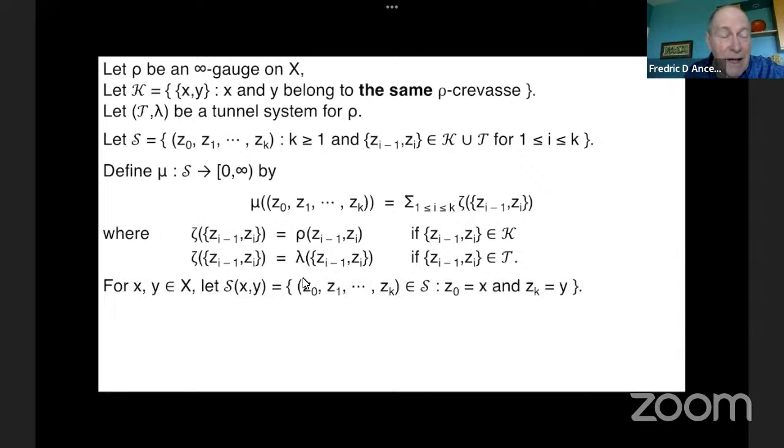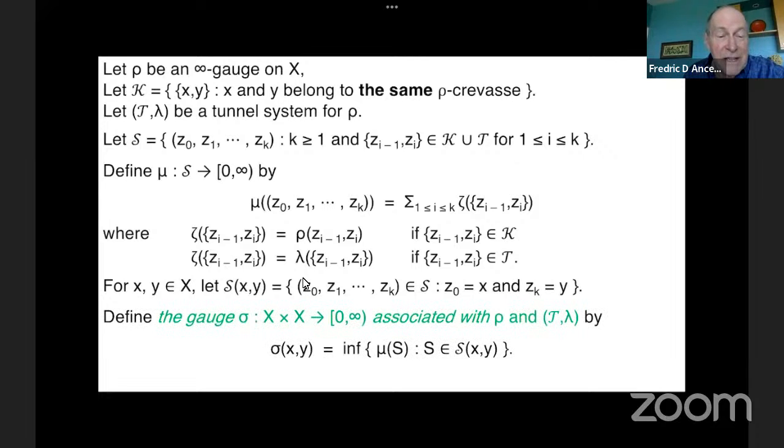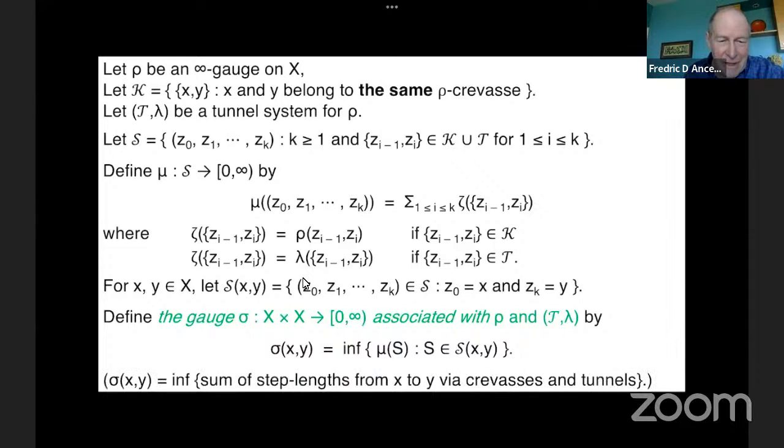And if I then take 2 points, I look at all of the sequences in script S that join the 2 points, then I define a gauge associated with the original infinity gauge in the tunnel system by just looking at infs of path lengths, basically. So I just look at the inf of all the ways of getting from X to Y by either going through tunnels or going between points that are a finite distance apart.